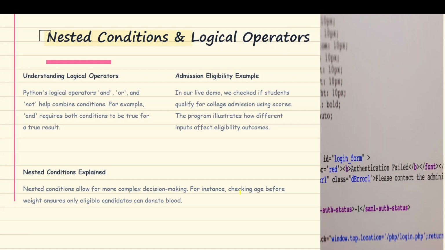For instance, checking age before weight ensures only eligible candidates can donate blood. Some example is given: if someone is 18 plus, that person is eligible for blood donation, and if he or she is not, then not eligible to donate blood.